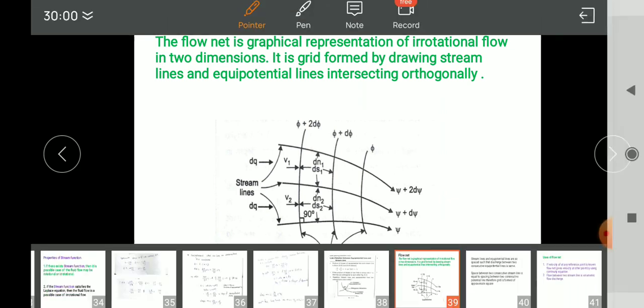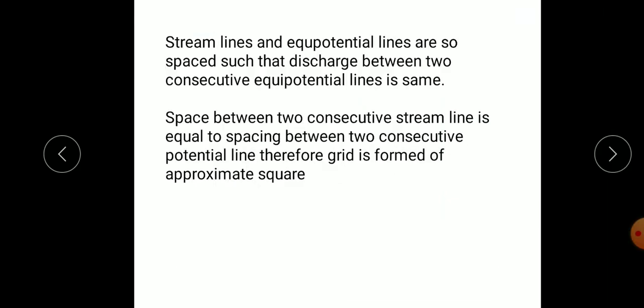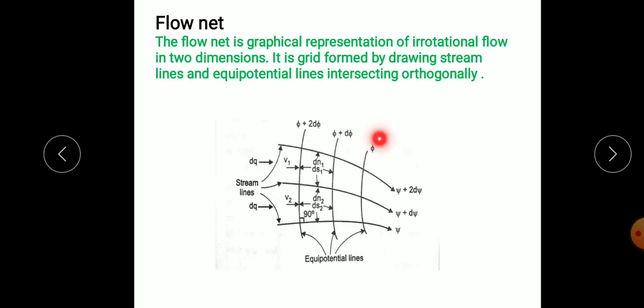In the flow, the streamlines and equipotential lines are spaced such that the discharge between two constant streamlines is the same. So the discharge between these two is dq, and dq is the same. The discharge between these two lines is the same.